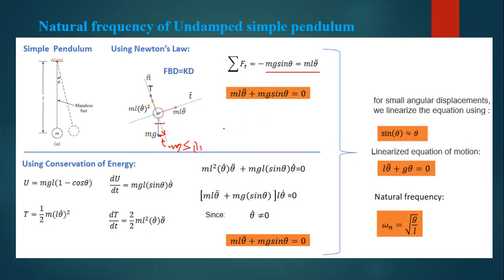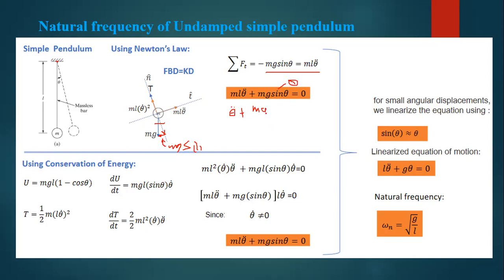From this, finally, with a simple rearrangement, theta double dot equals minus mg over ml theta, considering sin theta equal to simply theta for a small value of theta.